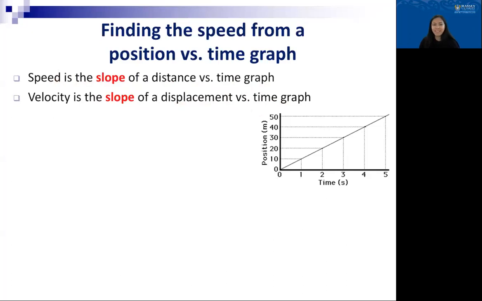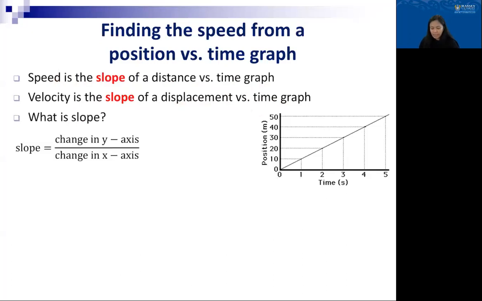So what exactly is the slope and how exactly do we find the speed and velocity? A slope is defined as the change in the y-axis value divided by the change in the value of the x-axis. So specifically for this distance versus time graph, so our title here, distance versus time graph, the y-axis gives you the position or the distance.